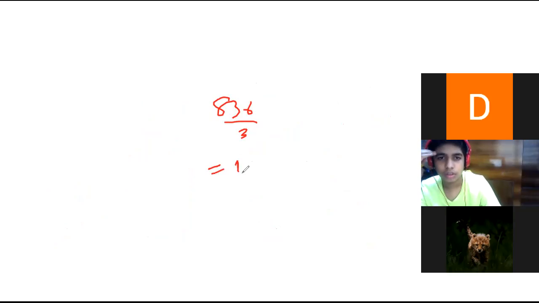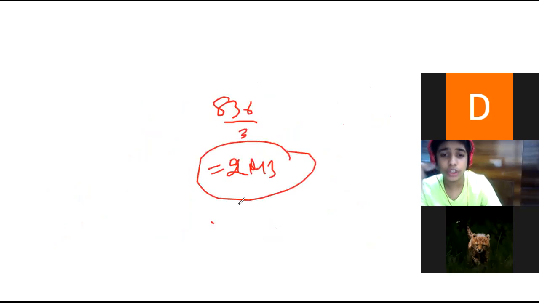So this will be how much then? 3 to the 6, remainder 1. 3 4s are 12. This is 6.